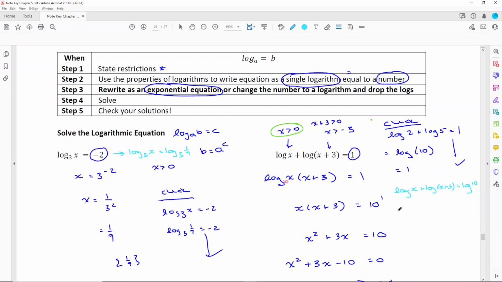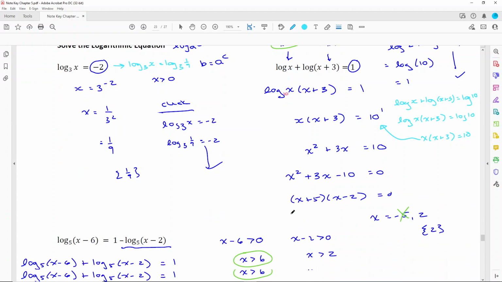So then I'll combine it to a single log. So it'll be the log of x times x plus 3 would equal the log of 10. Then when I drop my logs, I get x times x plus 3 equals 10. I end up at the exact same place, right? But instead of getting there by changing to exponential form, I've changed my constant to a logarithm so that I could drop my logs.